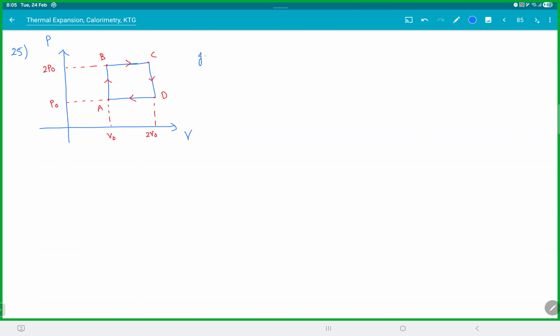It's an ideal gas. Plot the pressure versus temperature graph, and plot the volume versus temperature graph. I'm sure you must have done something like this in your chemistry.